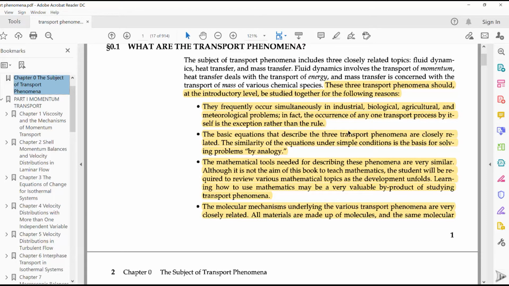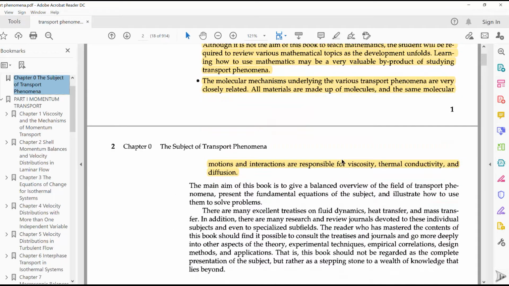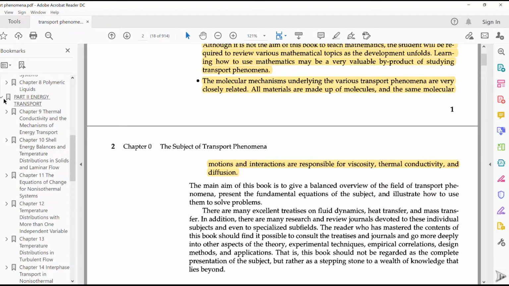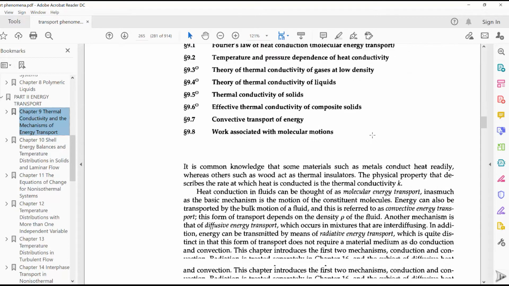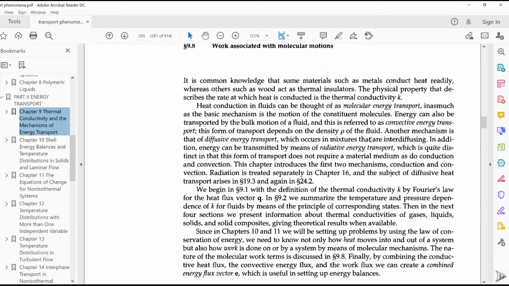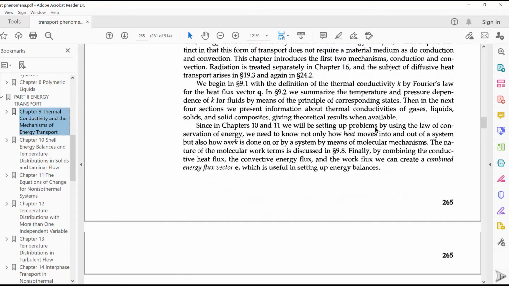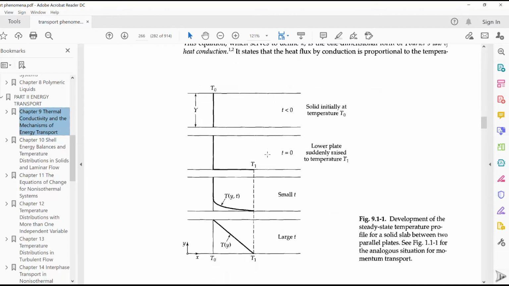Because all the laws defining the transport are similar to each other, the mathematical derivations are similar, and the solutions and mathematical equations are similar. So, like chapter 1, when we go to the energy part, chapter 9 follows a similar manner: it first defines energy transport by molecular movement. We define the conductivity and the molecular energy transport in a very similar manner to chapter 1, momentum transport.